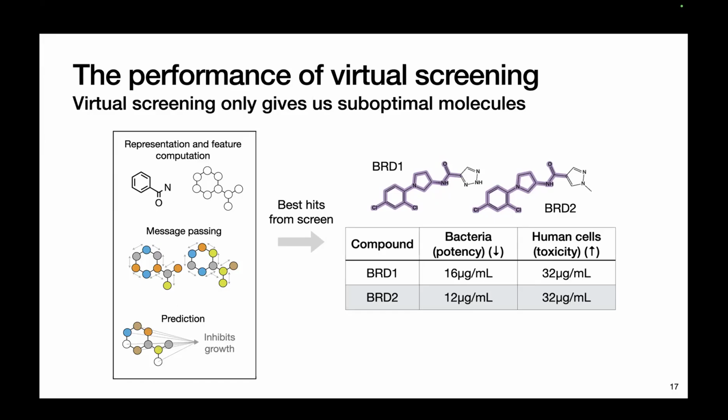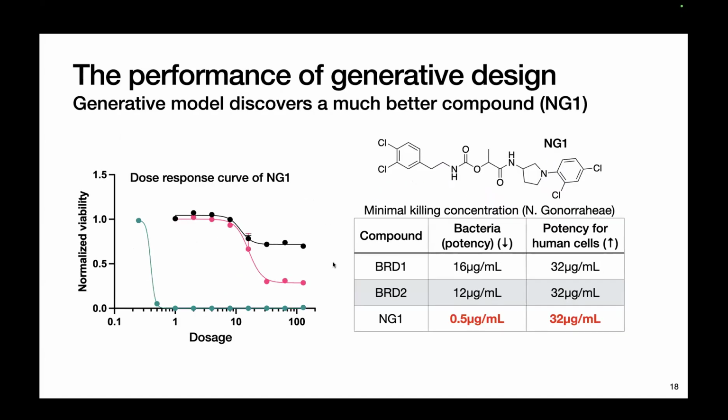I mean, it works to a certain degree, right? So we found two molecules in this chemical library that have an MIC, minimum inhibitory concentration, around 10 to 16, right? So the potency is around that range, which is not super exciting, but also we found that it has a relatively poor selectivity, right?